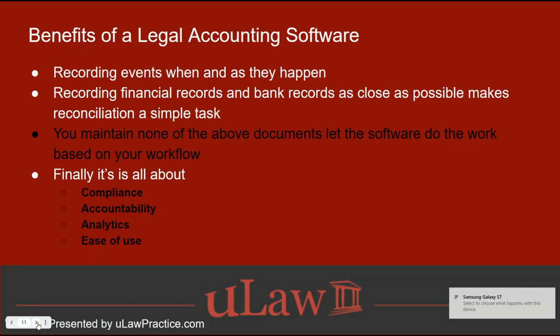But at the same time, you're doing justice to your own firm by capturing these details as and when it happens, so that if you're in that position where you need to recover this money, you're able to do that sooner rather than later. Okay?